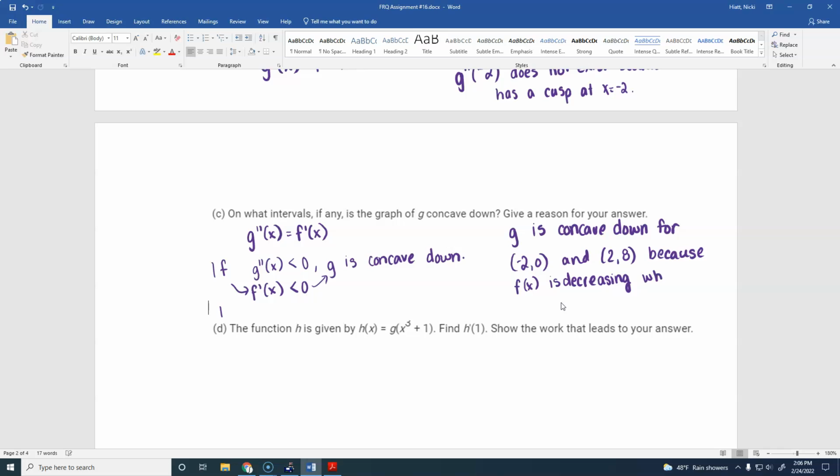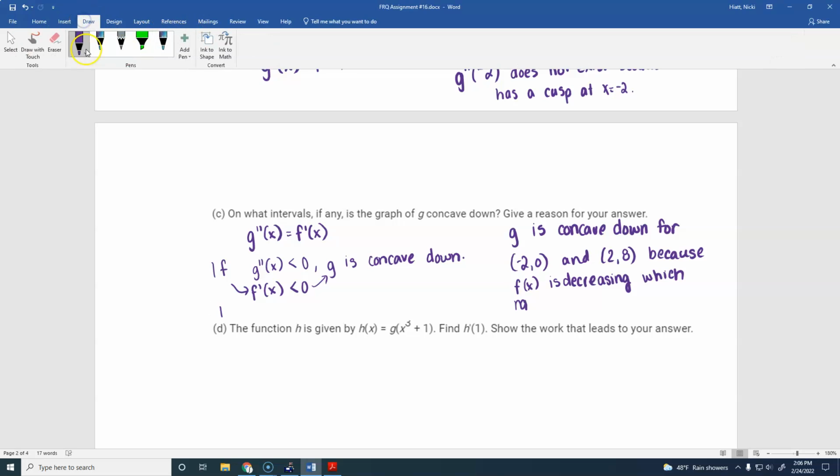which means that f prime of x, and I'm going to put which equals g double prime of x, is less than 0.